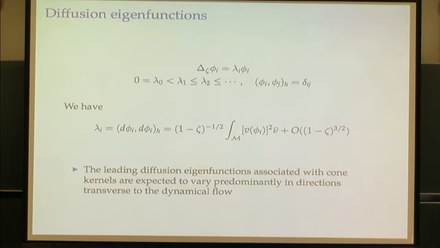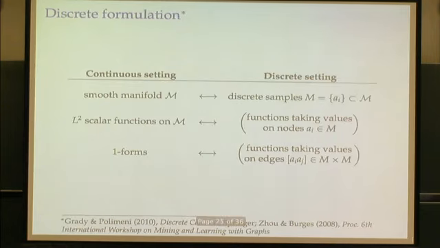And if we want to use eigenfunctions of this operator for various data analysis purposes, such as creating low-dimensional representations, or, in applications that I won't have time to show, extracting spatiotemporal patterns, we would expect these eigenfunctions to vary predominantly in directions transverse to the dynamical flow.